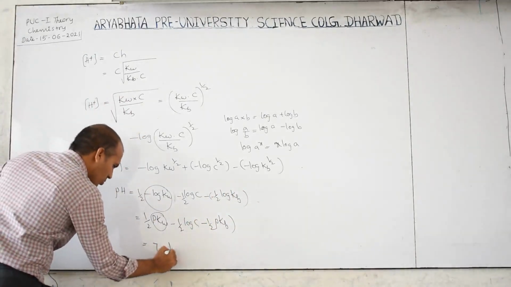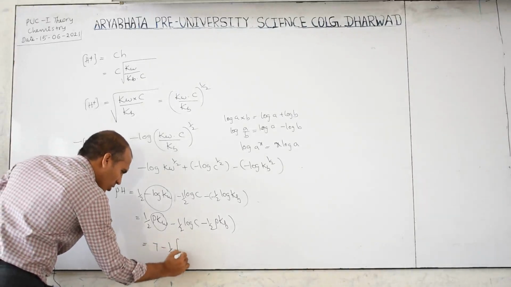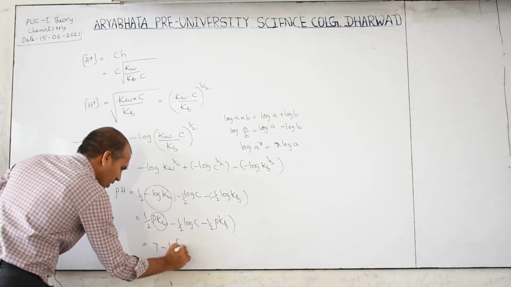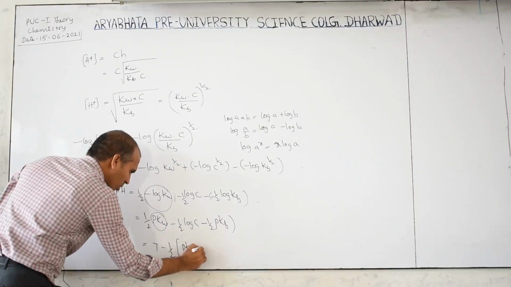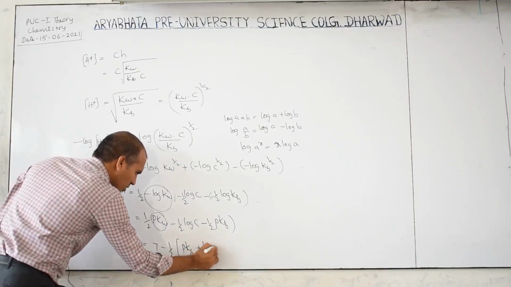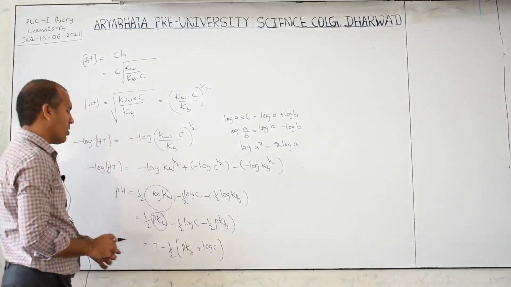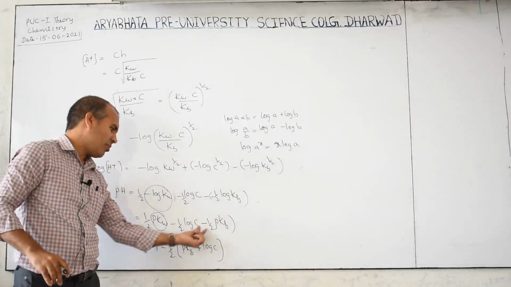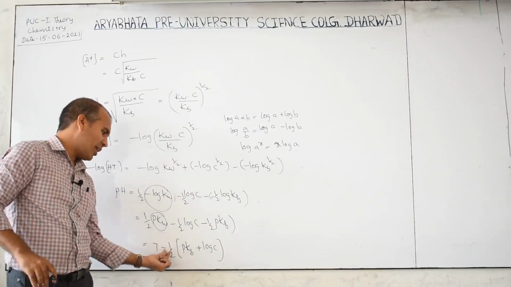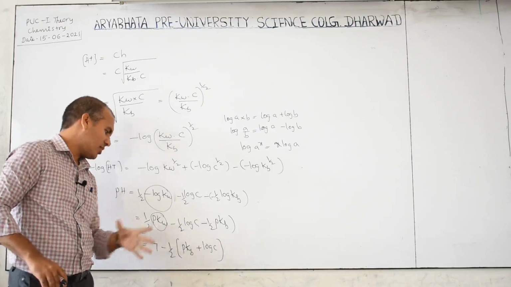Now take minus 1 by 2 common, and this can be represented as pKb plus log C. Now observe, minus 1 by 2 pKb, minus 1 by 2 pKb, minus 1 by 2 log C, minus 1 by 2 log C, like this representation.